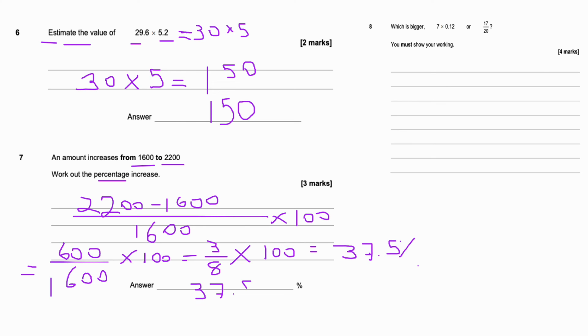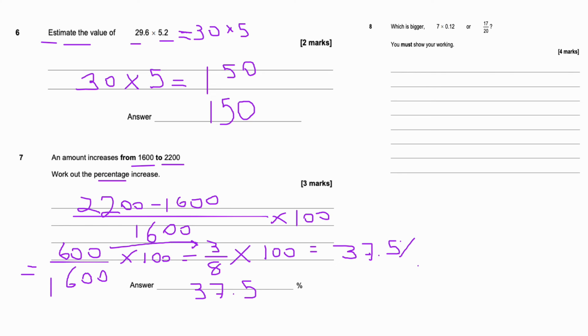Okay, so from here to here, I simplified this fraction by dividing top and bottom by 200, and then it's still the same sum, because they are what I call equivalent fractions. I've not actually changed the sum. I've just divided top and bottom by 200 to make the maths a bit easier.